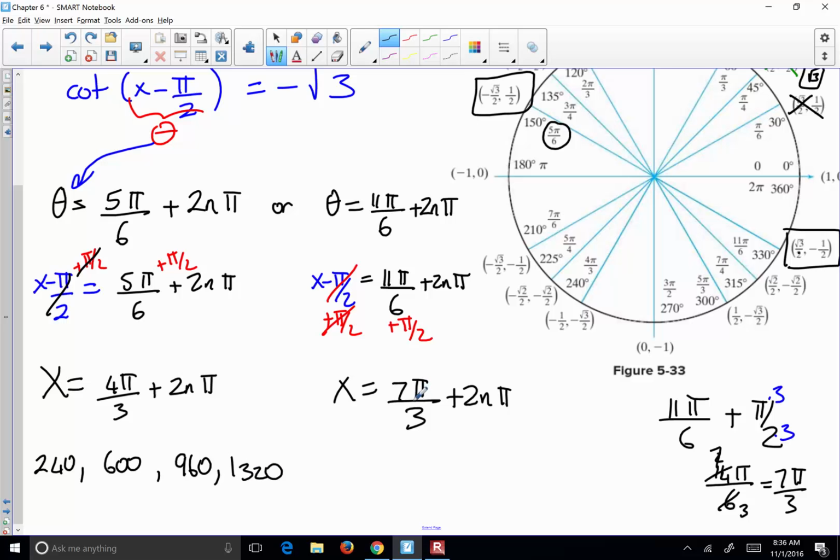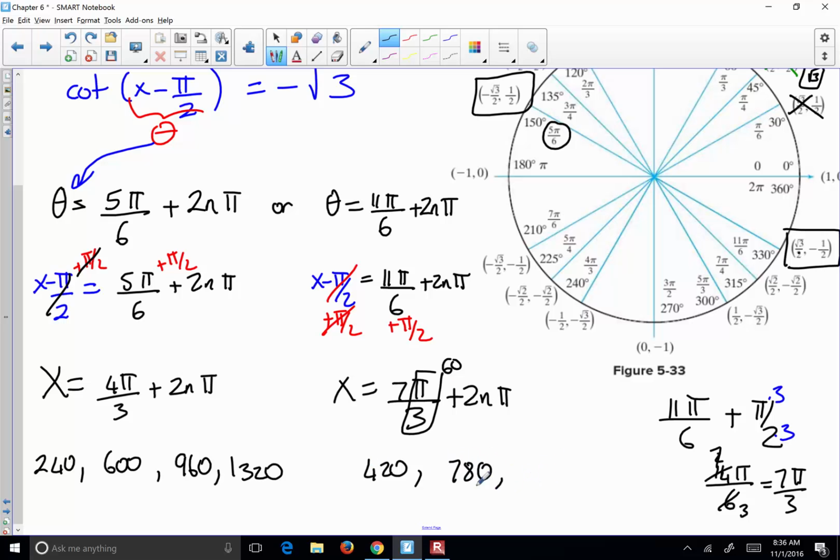Let's check out this one. Plug in, 7 pi over 3, this is 60 times 7, which is 420. So we start with 420. Then I add 360 to this, and I get 780.